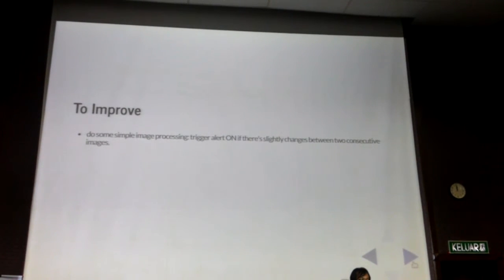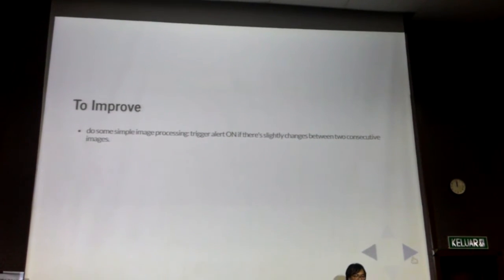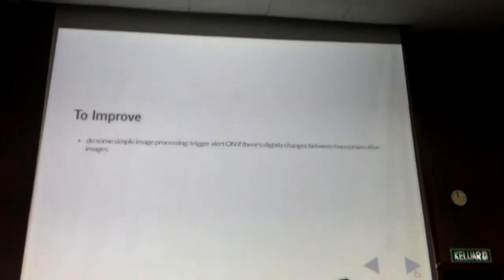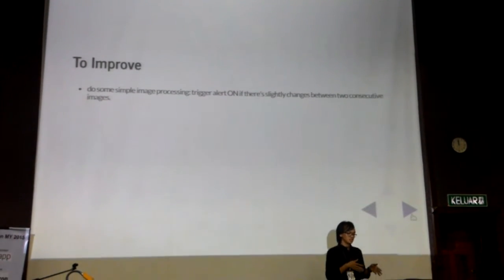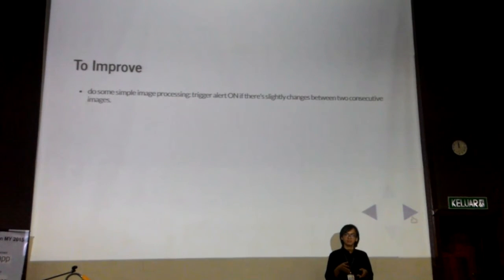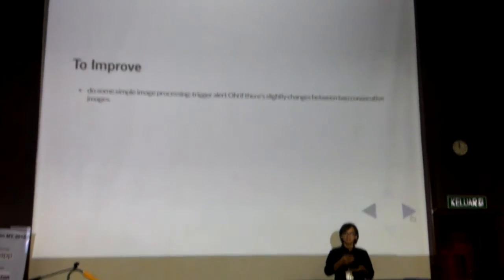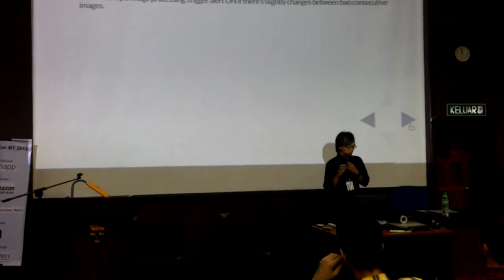You don't want to manually look at your pictures and see changes for just 1 hour. So for the improvement, maybe do some simple image processing and make a trigger if there are big changes between 2 consecutive pictures. Then you just trigger, oh, there are big changes, then you see the pictures.